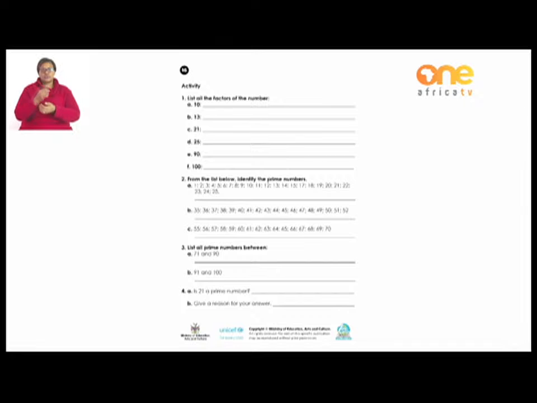From the list below, identify the prime numbers. So there are numbers listed there from 1 until 25. You only need to choose which numbers are prime numbers, and then you write them in the space provided. You do the same with B and also with C.